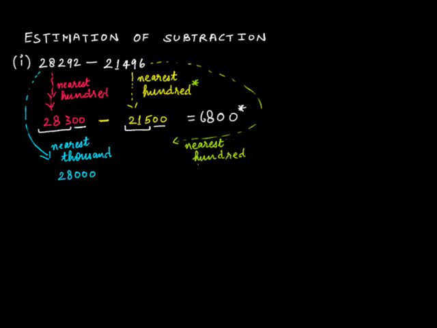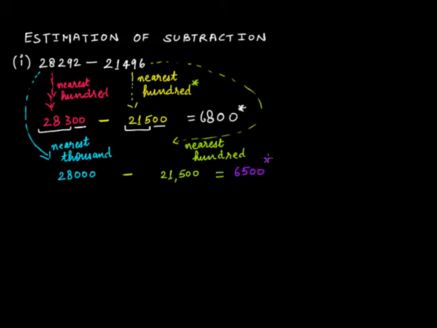The other number, to its nearest 100, will become again the same 21,500. If you subtract, the estimated value will be 28,000 minus 21,500. This will give you 6,500.